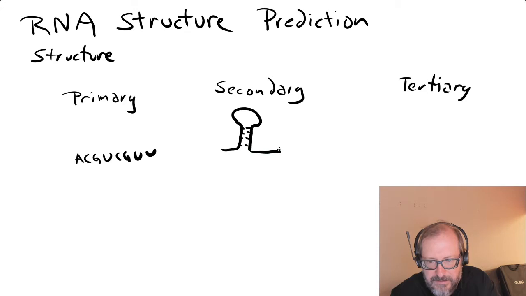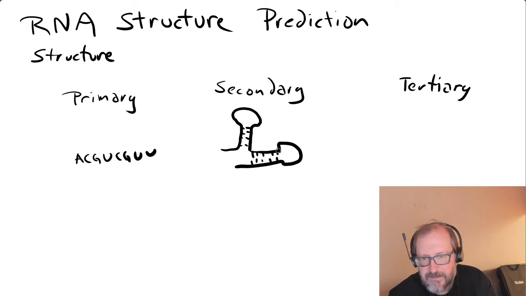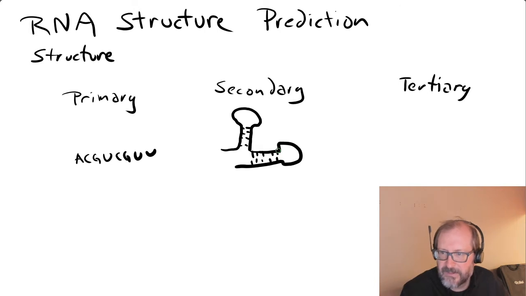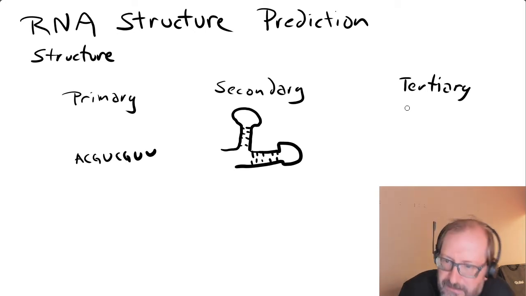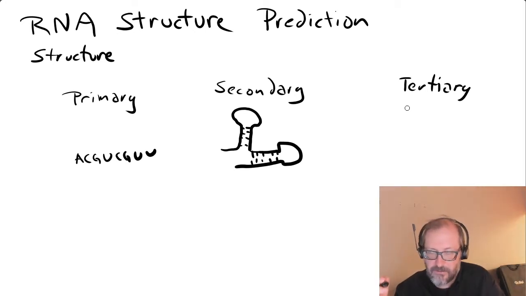If you've seen secondary structure diagrams, they basically tell you where the helices are, and everything else looks like a loop. But tertiary structure is when you take into account all the contacts in the RNA or DNA and build up a 3D structure, right?